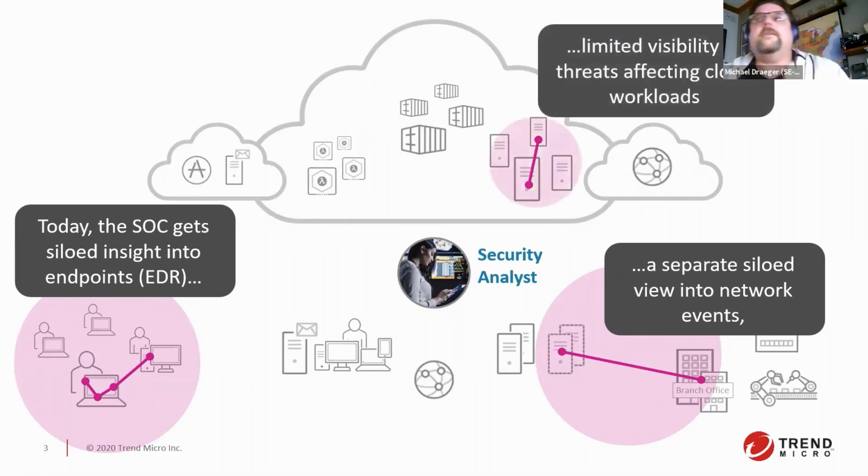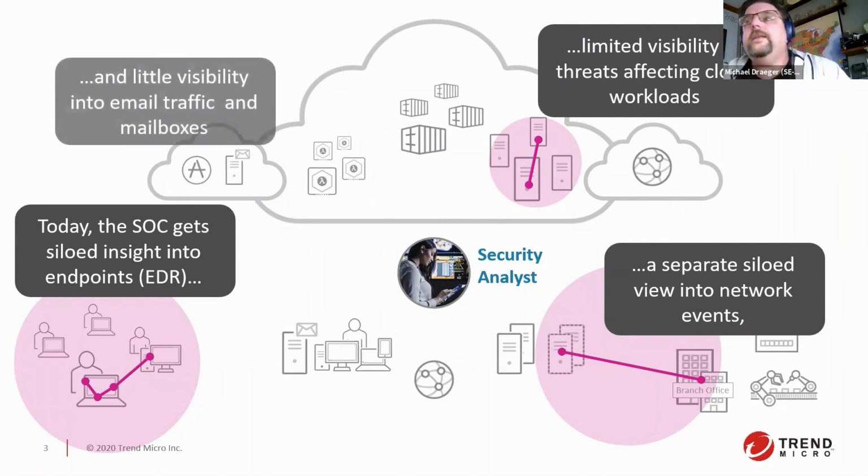And then for cloud workloads, if you do have anything up there, maybe you're using your EDR tools that you're using on your endpoints up in the cloud, because that's kind of what's available. So there's really not much information up there that you can pull out, or it's a separate world. And then there's nothing looking at your mail if you do have anything in your mail.